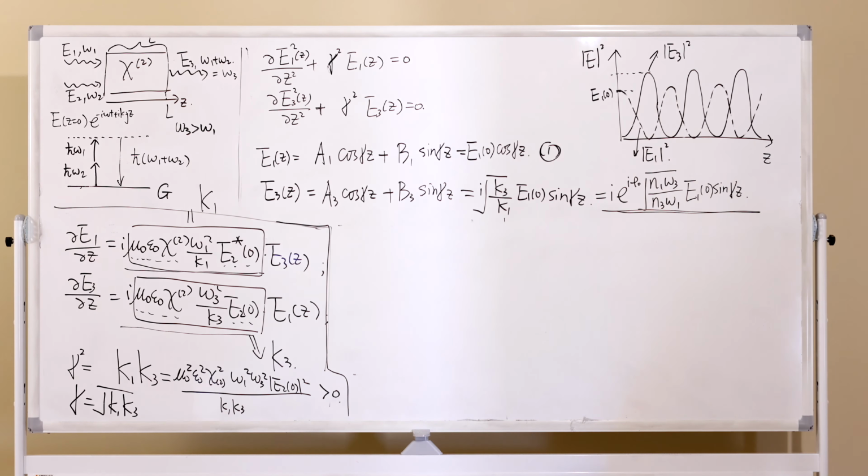We said that the 2 photons on the left-hand side are annihilated or consumed to generate a photon on the right-hand side that is at frequency 2 omega.